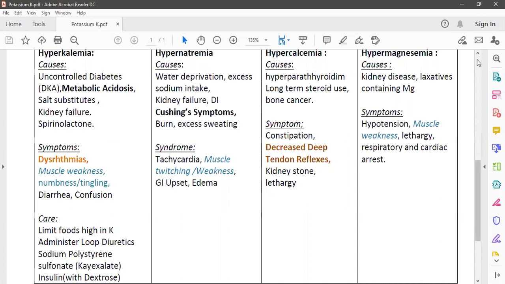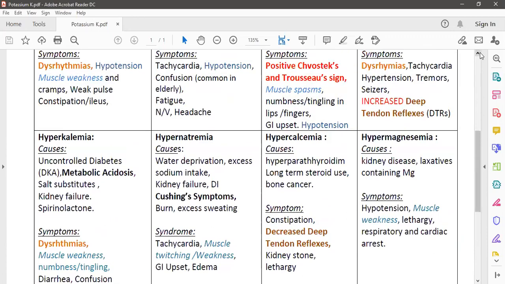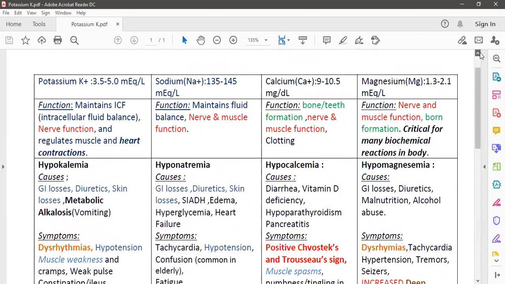Now going on to another one, which is sodium. We already discussed the function of sodium. We are going to focus on hyponatremia and hypernatremia, these two. So what is the normal sodium level?